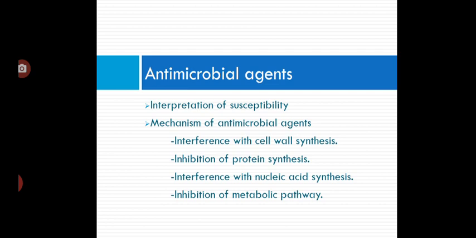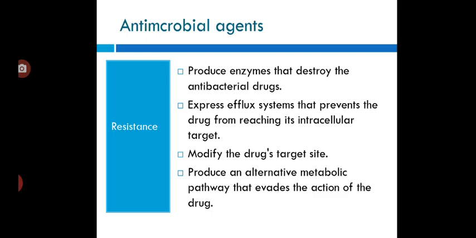The mechanisms include interference with cell wall synthesis, examples are beta-lactam antibiotics, and then inhibition of protein synthesis, clindamycin, and interference with nucleic acid synthesis, example is rifampicin, and inhibition of metabolic pathway, that is trimethoprim-sulfamethoxazole. And next is antimicrobial agent resistance, how they are able to resist the drugs or the antibiotics.